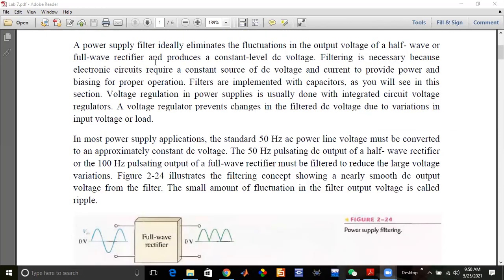So as we have discussed in previous sections, for DC power supply, these are the sub-blocks. This is the input voltage of the outlet wall.